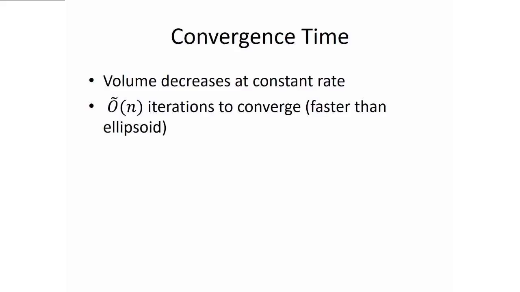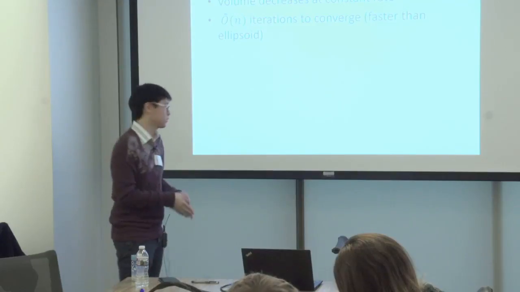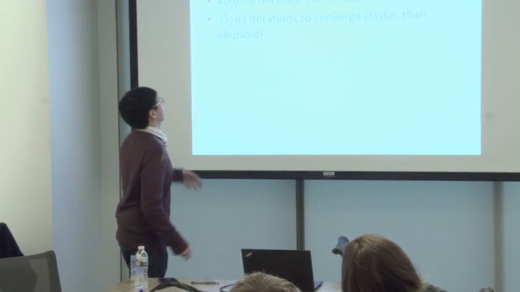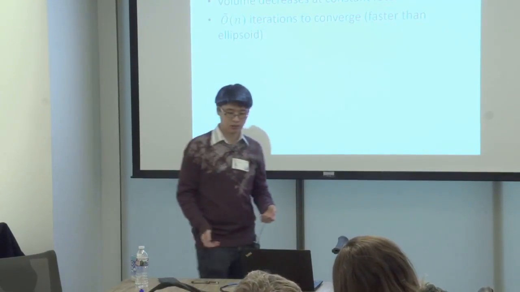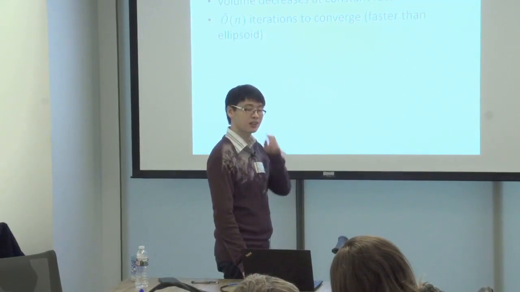Yeah, so if you don't use ellipsoid, but use the center of gravity as your iterate in the algorithm, you immediately get a faster convergence, because instead of 1 minus 1 over n, you have a constant rate of decrease. Why do you say that you need n iterations?